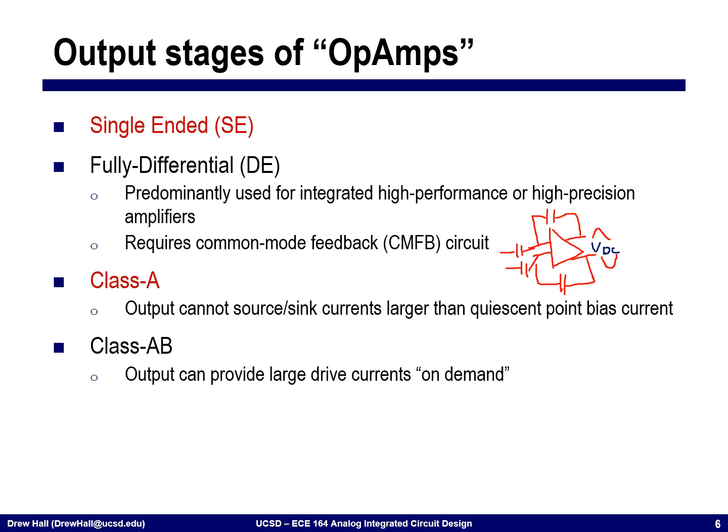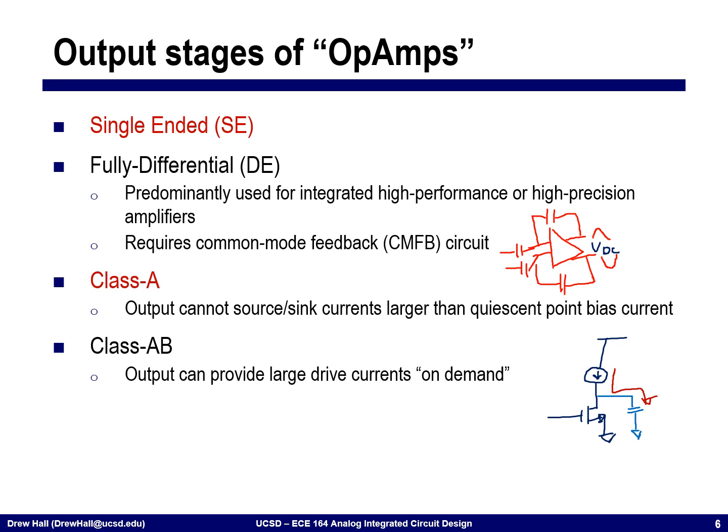The most straightforward example of this is something that we've been using: if I have a current source going into, let's just say, an NMOS as my amplifier, the most current that I could pull out of this amplifier into my load would simply be I. So I'm limited in the amount of current that can come out of this by the amount of current that I can source. Okay, so this is what's known as Class A.